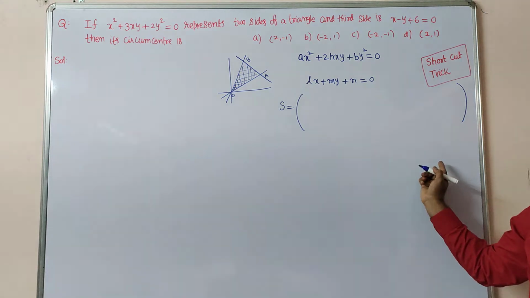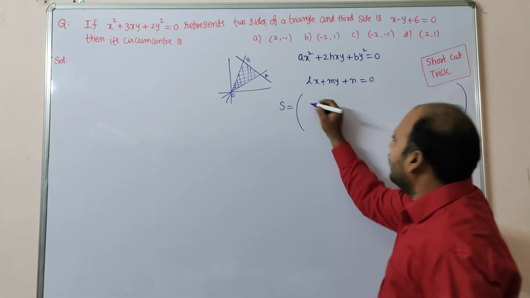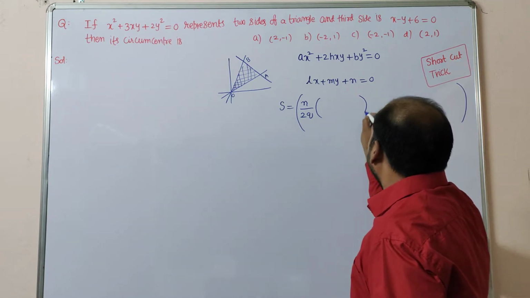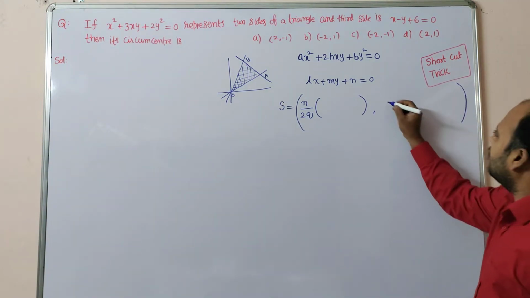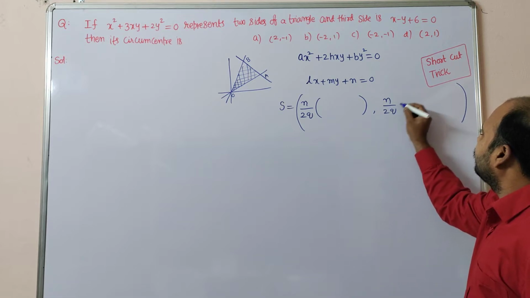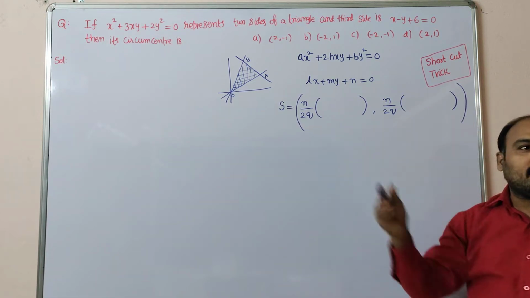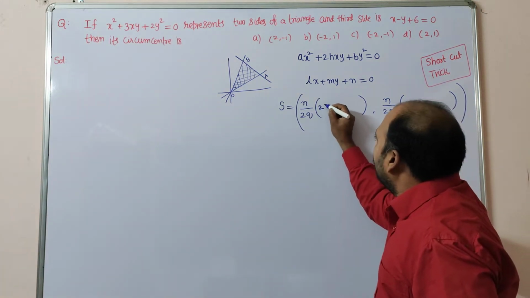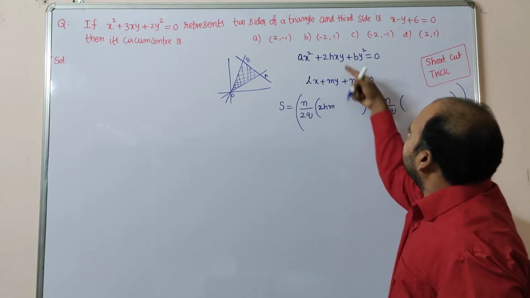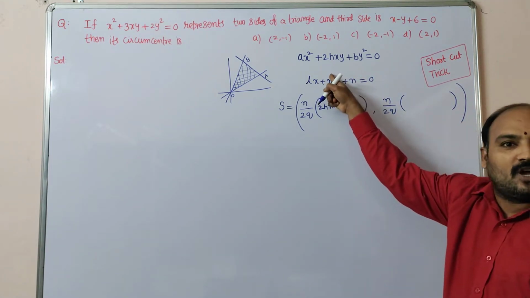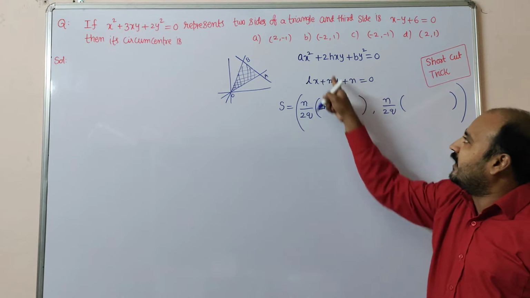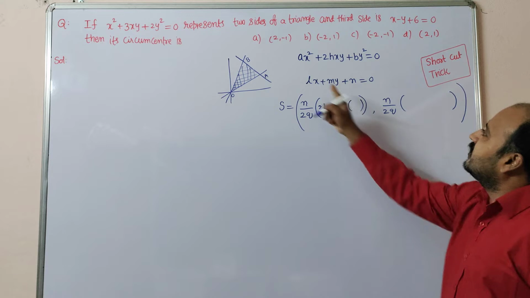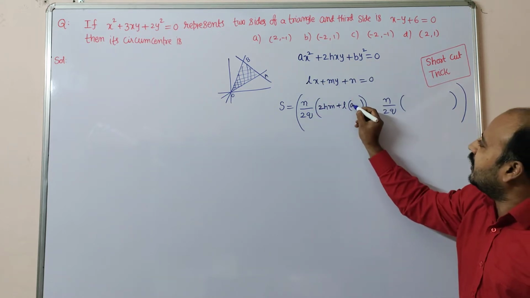X coordinate, y coordinate. First, how to remember it the easy way: n by 2q and keep a bracket in x. Here also n by 2q into a bracket. In this bracket, what we have to write, that I am going to tell. 2hm, 2hm, 2hm. Are you able to understand? 2h into m plus l into the difference of a and b, a minus b.